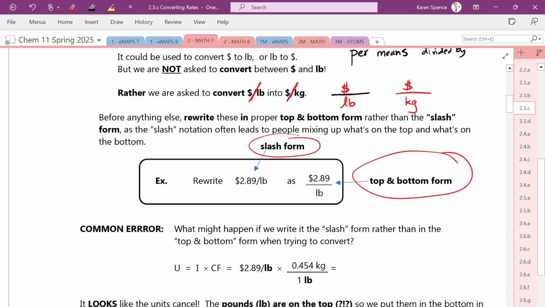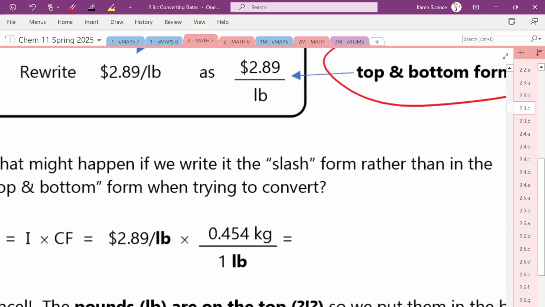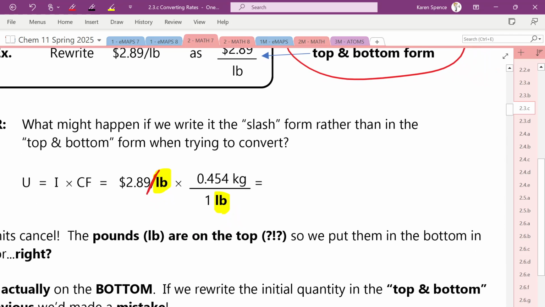What'll happen sometimes is if you try and leave it like this, you'll see the pounds, and the pounds look like they are up top. Yeah, they look like they're on the top line, and you'll write pounds in the bottom. You'll be like, oh, that's great. But we run into a problem. We would end up with our units. The pounds don't actually cancel out because the pounds are actually down here.